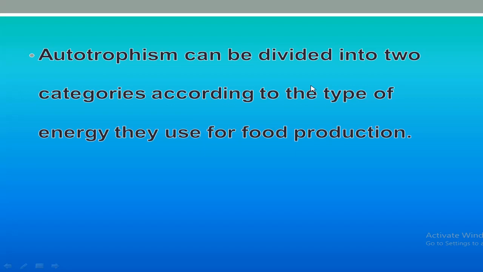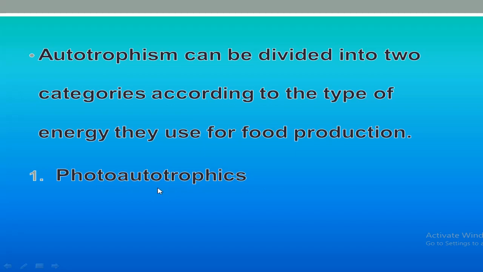According to the energy source used for food production, autotrophic organisms can be divided into two groups. What are they? The first group is photoautotrophic organisms.